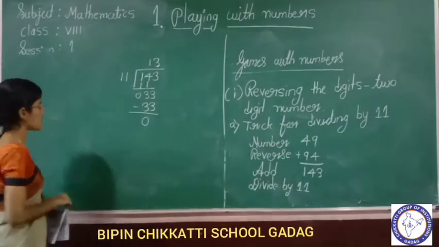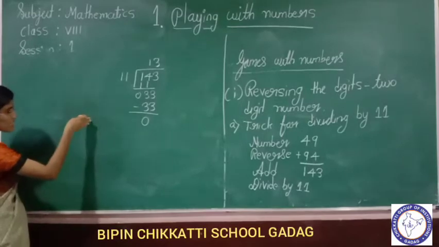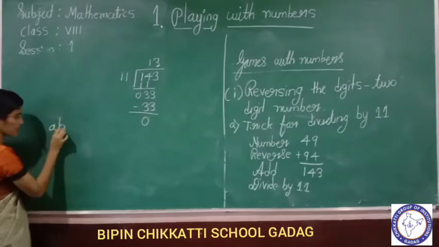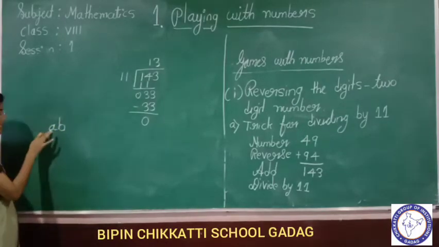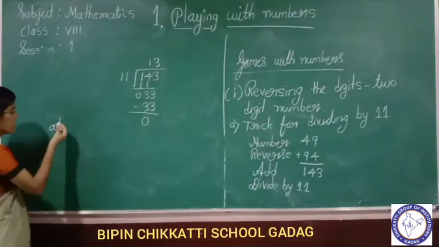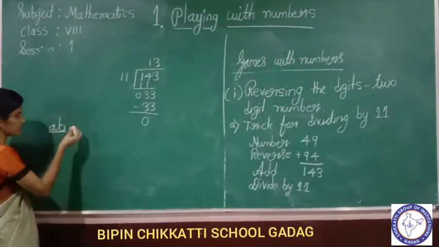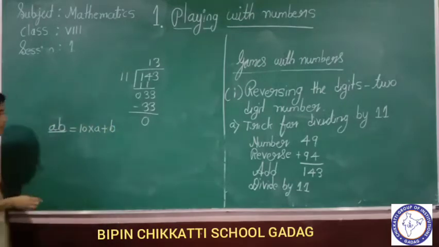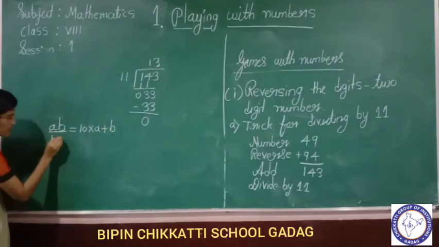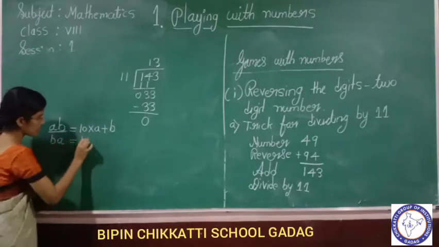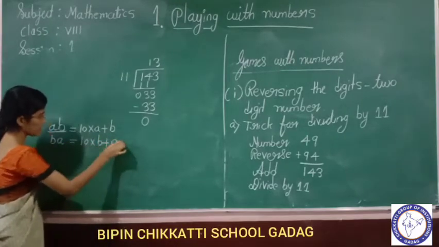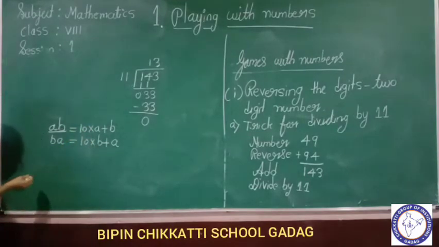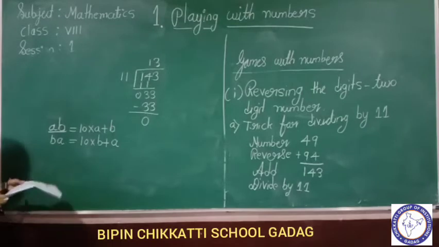Now say, in general, what is the trick behind this? Take a 2-digit number, in general I am taking AB. This can be written as 10 into A plus B. Reverse this number, it will become BA, which is 10 into B plus A. Now I am going to add these two numbers.